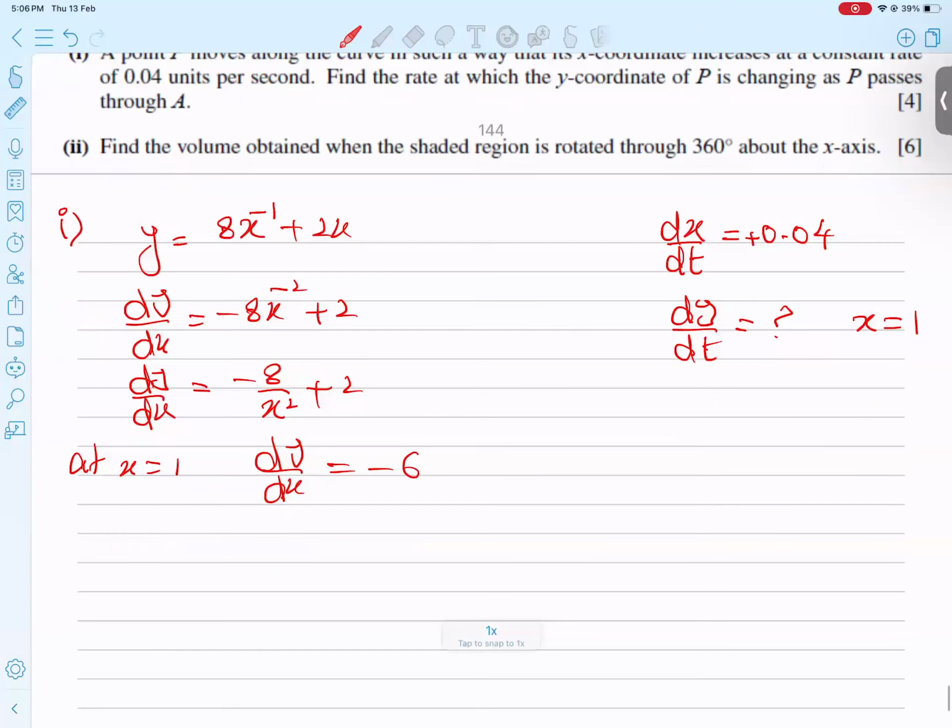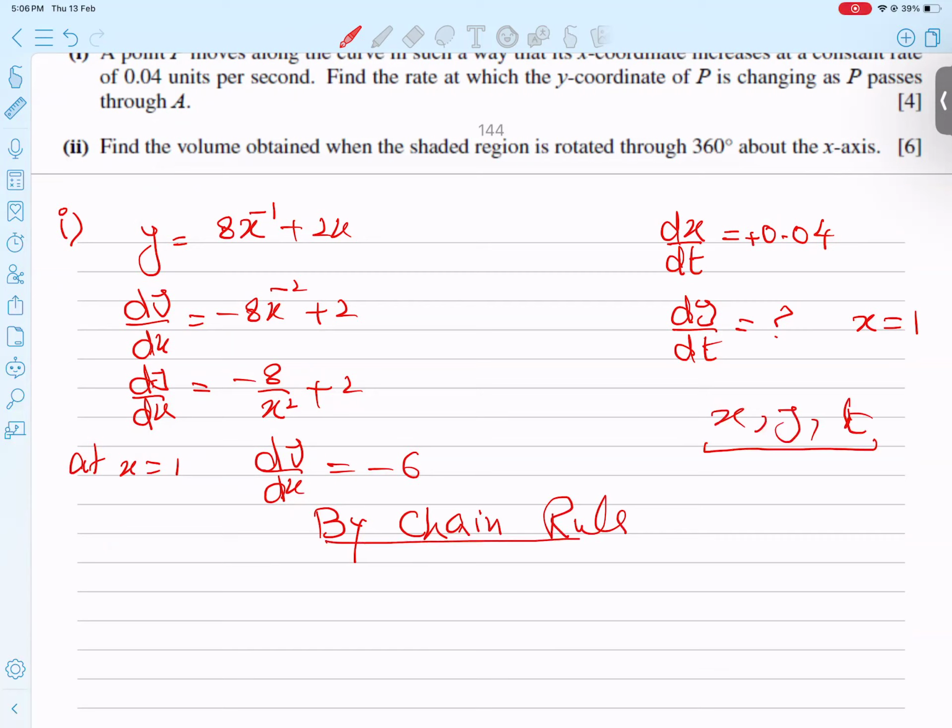And I use the chain rule. Whenever more than two variables are used, like x, y, and t, we must use the chain rule, okay? And what's the target? Start from there. dy over dt is my job to find.